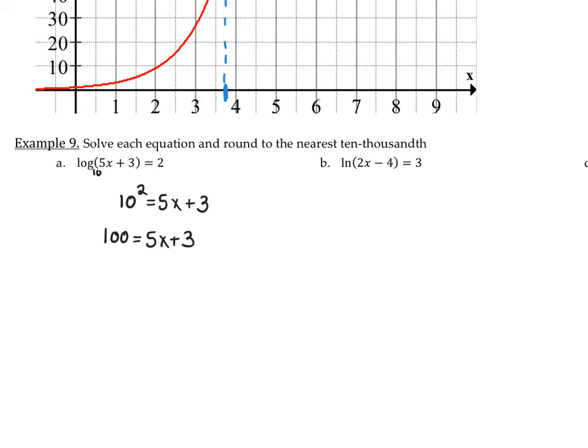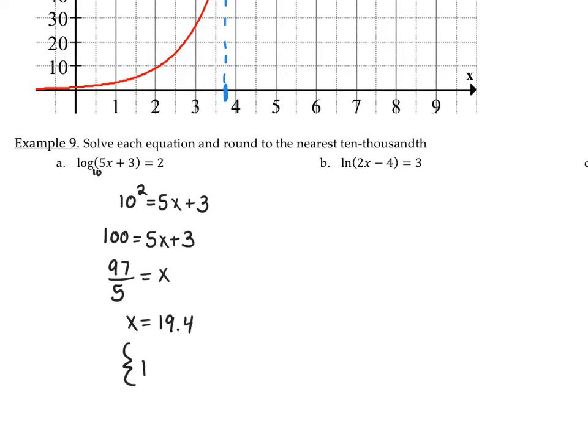This one won't really require much in the way of approximation. Subtract 3, we get 97, and then divide by 5, so 97 fifths equals x. And if we wanted to get a decimal approximation, we would just grab our calculator and do 97 over 5. And we get 19.4. So x equals 19.4.